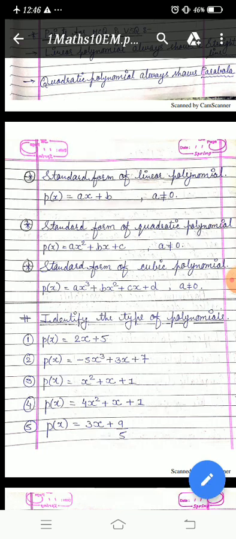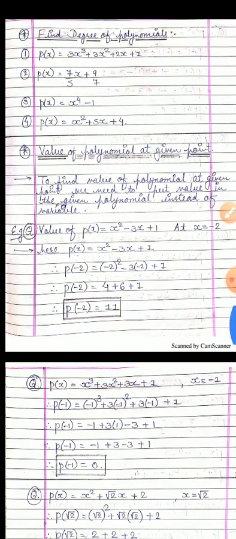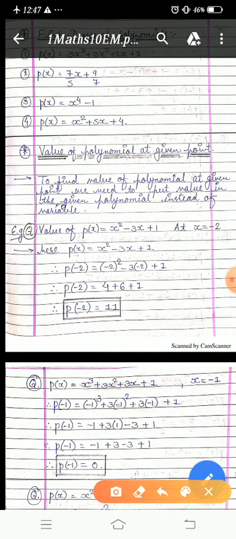Okay, now we are going to the next topic, and our next topic is to find the value of a polynomial at a given point. How are we going to find the value of a polynomial at that given point? We need to put that particular value of the variable into the particular equation of the polynomial.